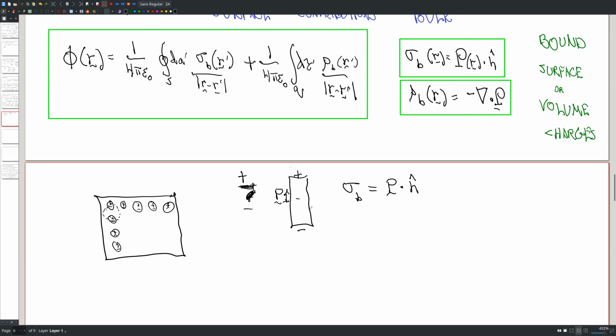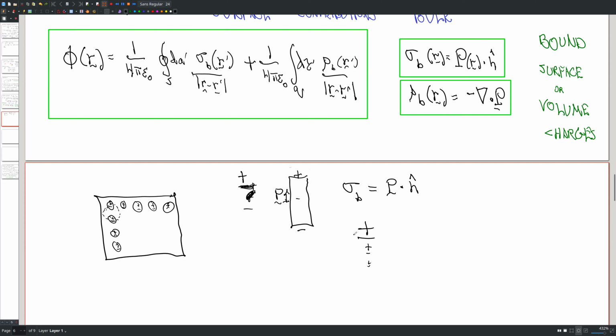Now imagine that in my piece of matter, my polarization is not uniform. Then these dipoles are not compensating each other fully. If I've got very strong dipoles here and then getting weaker and weaker, like this, what does that mean?